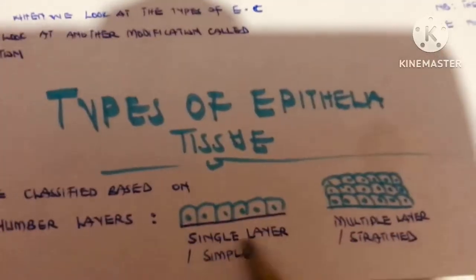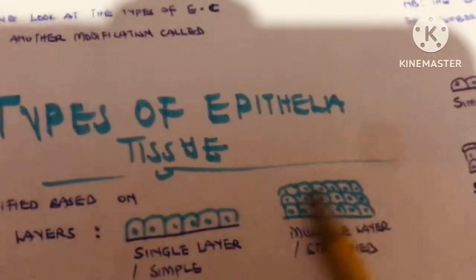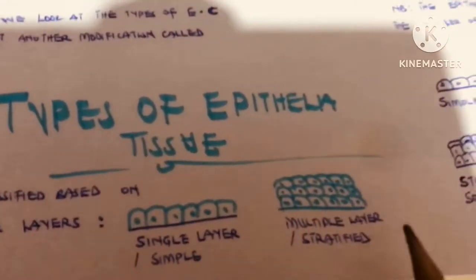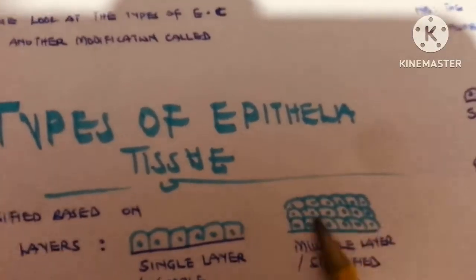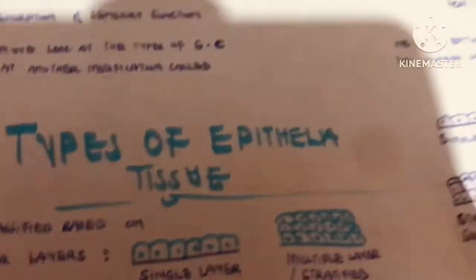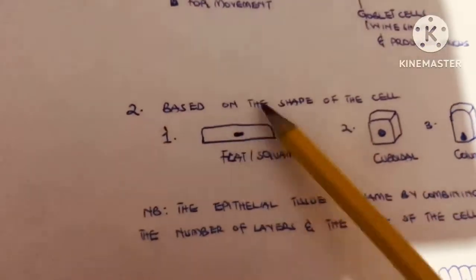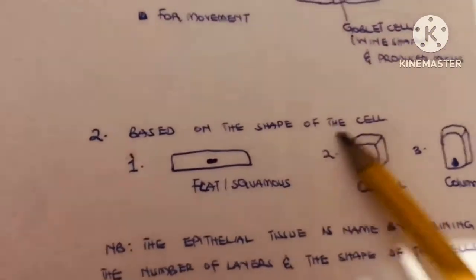So you can have simple epithelial cells or stratified epithelial cells. And one thing about stratified epithelial cells is that they don't have surface modifications. Hope you understand. The epithelial cells can also be classified based on the shape of the cell.